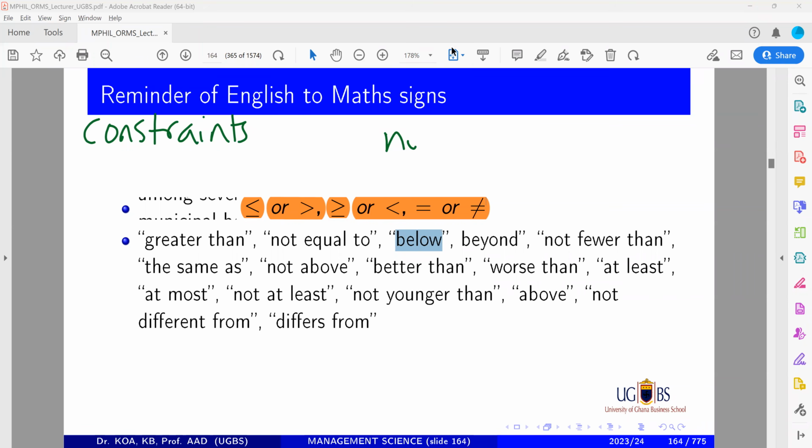What is not fewer than? Clementine. Not fewer than means the same thing. So what is that same thing?